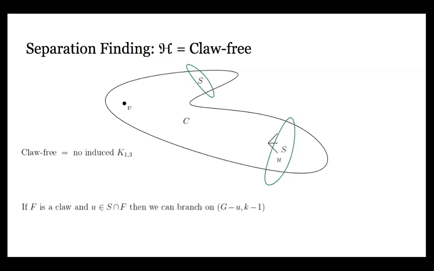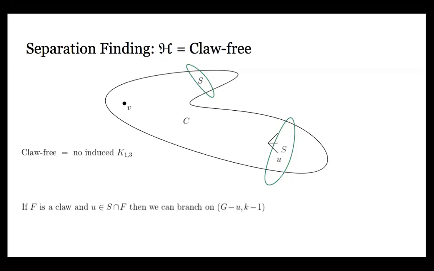In this case, if the intersection of S and the claw is non-empty, then we can guess which vertex of this claw belongs to S, and we can reduce our problem.